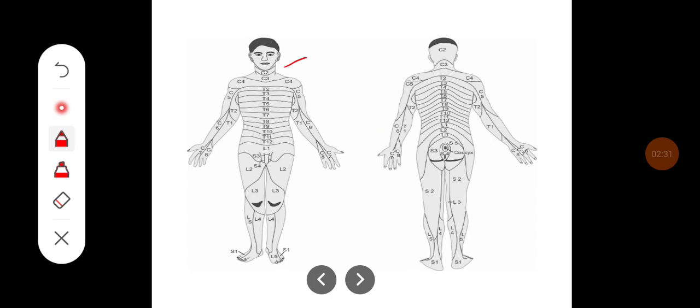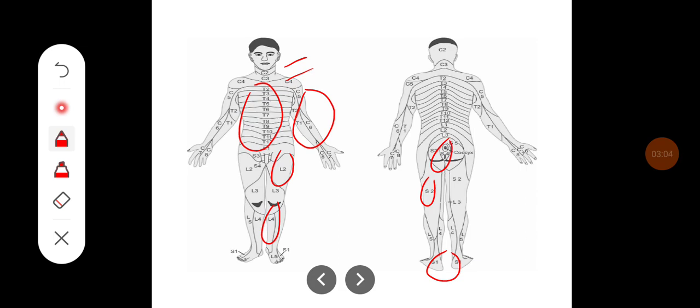For example, C2, C3 supply the area around the neck, and C5 to T2 innervate the limb, whereas T2 to T12 innervate the thorax and abdomen, whereas L2, L3, and L4 supply the limb, and S1, S2, S3 innervate the posterior aspect of the leg and the perineal region.